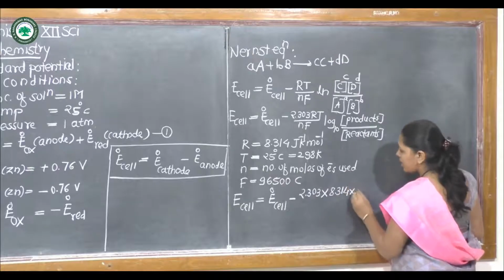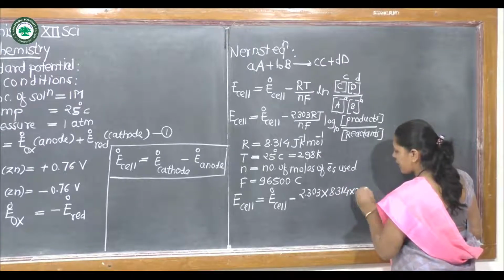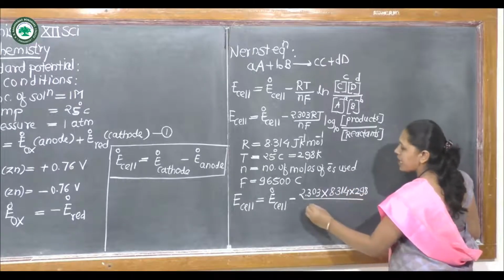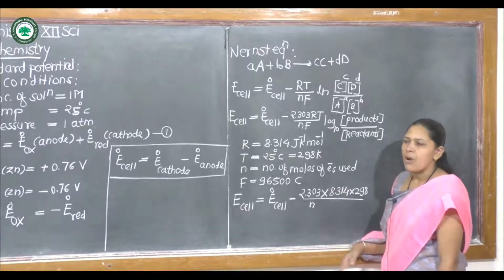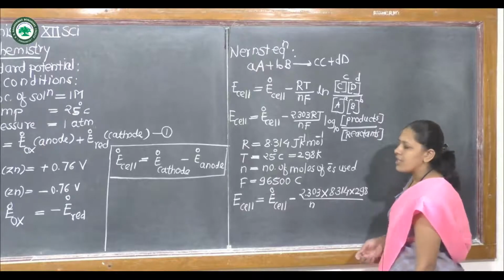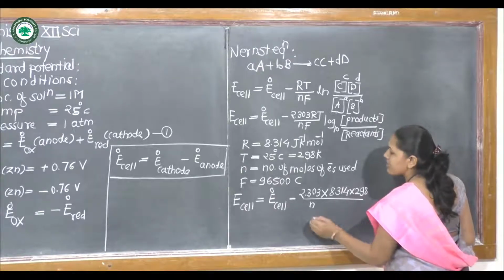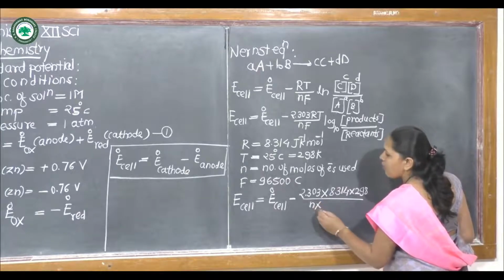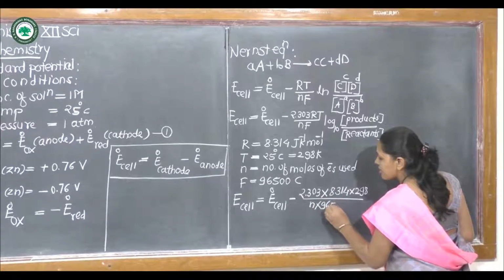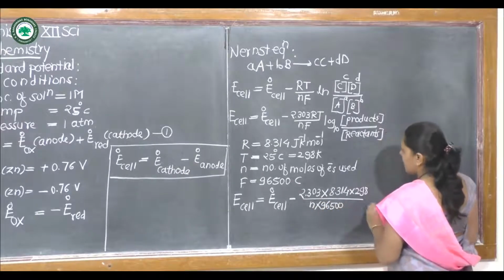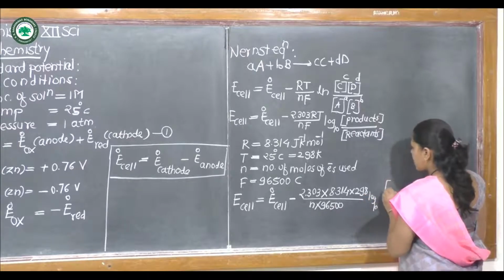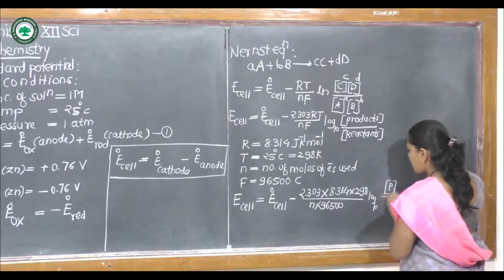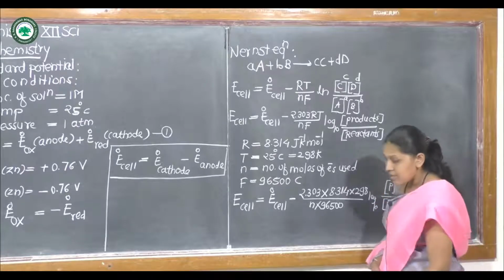Value of T, 298 Kelvin, divided by N. N is different for different electrochemical reactions, therefore it is as it is. What is the value of Faraday? 96500, into log to the base 10 concentration of product divided by concentration of reactant.